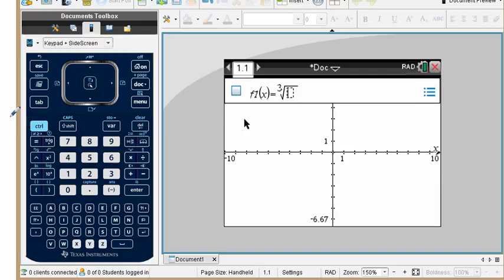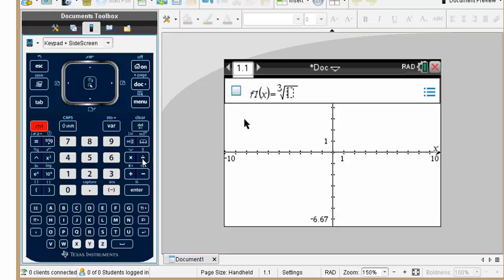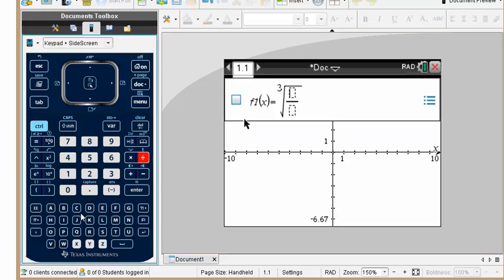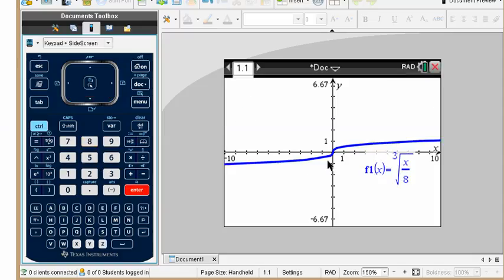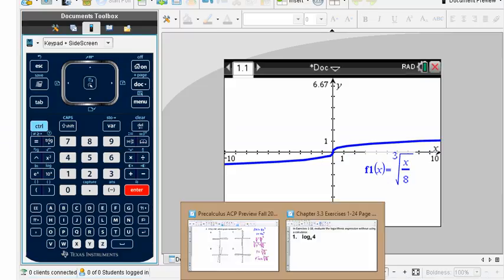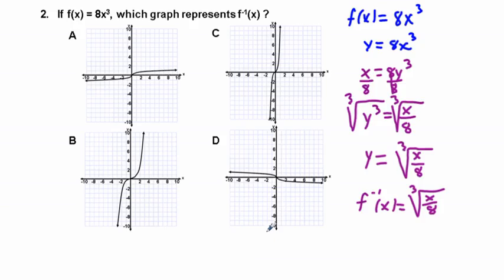Let's try that again. There we go. X over 8. And this is what we have. So it should be pretty apparent which of the equations it is. And it's going to be this one, answer choice A.